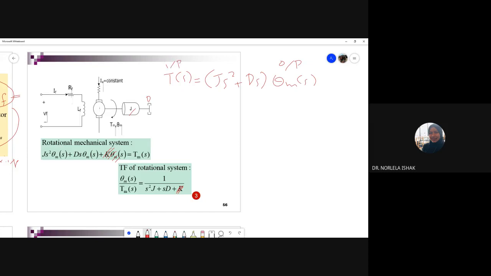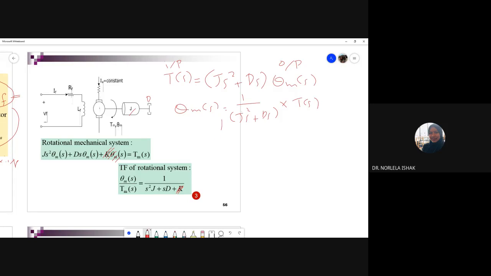You have to rearrange the equation to get 1 over Js squared plus Ds multiplied by our torque.